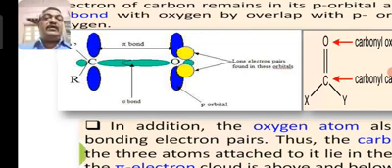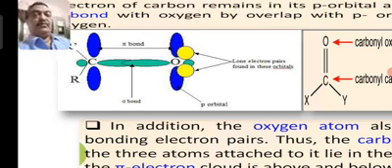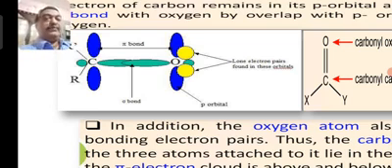The bond angle between carbon to R and carbon to oxygen, or carbon to R dash and oxygen, is 120 degrees. So it is a trigonal molecule, and this trigonal molecule containing lone pairs of electrons is a very essential part of nucleophilic addition reactions for aldehydes and ketones.